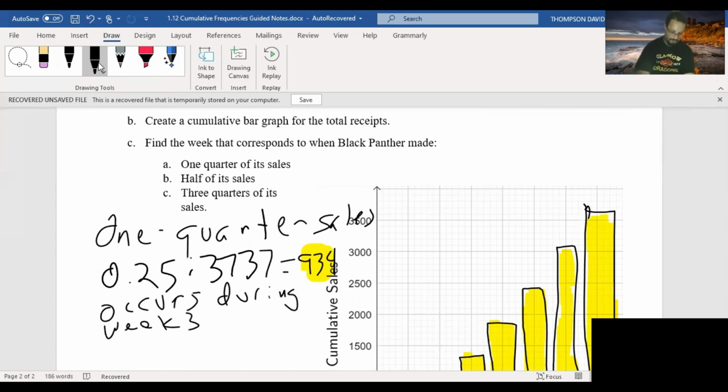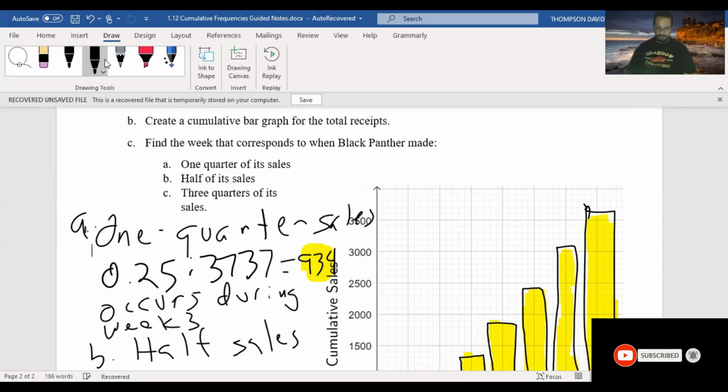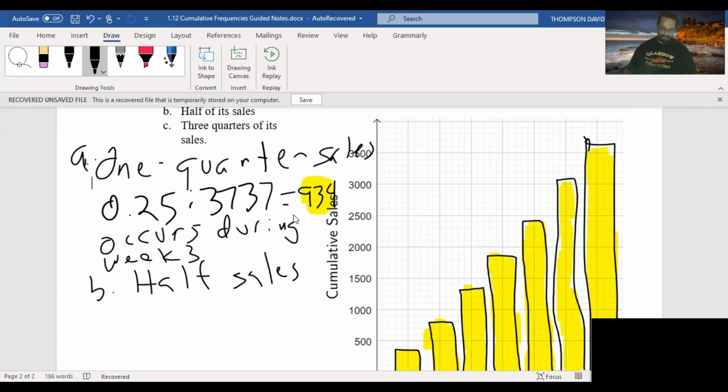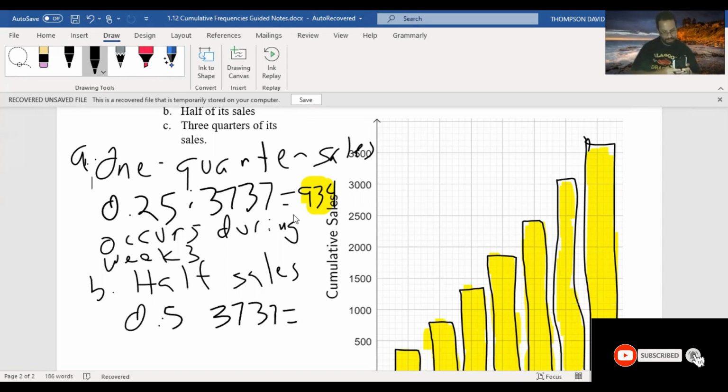Then we want to do half the sales. So that's just 0.5 times the 3,737,000. So 0.5 times 3,737 gives me 1,868.